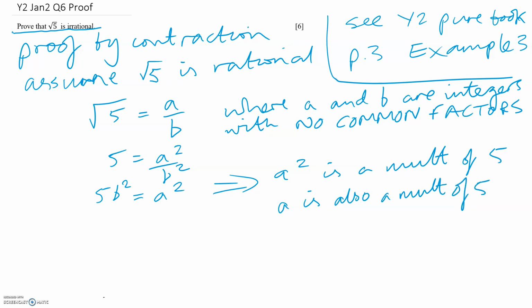Now really we should prove that. That's a whole separate proof in itself. If you see page 2 of the textbook, example 2, you'll see how to do that for proving that if a squared is even, then a will also be even.